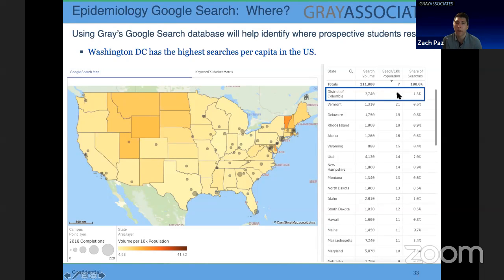That's 41 per 10,000 population. The average here is about 7, so it's much higher relative to other markets. Some other markets that are really high in terms of density are Vermont, Delaware, and Rhode Island. They're all in the top 4.